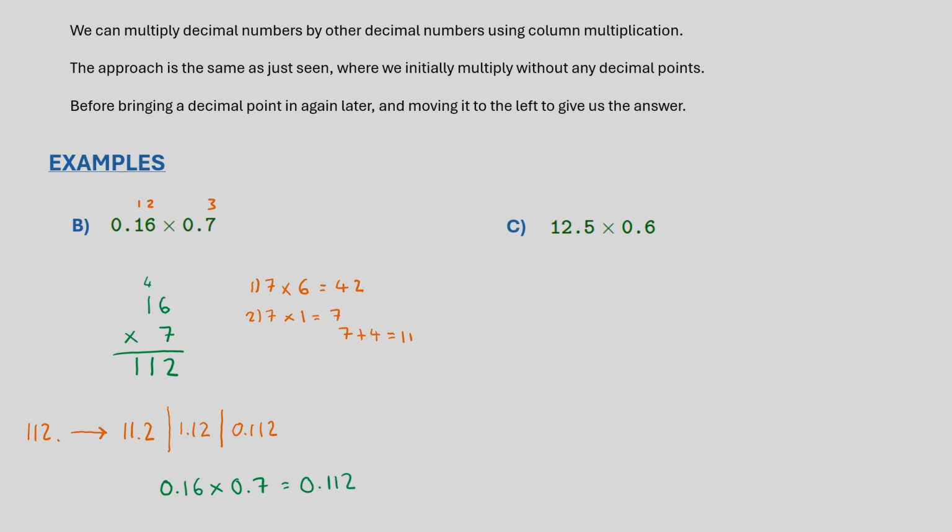We can now look at example C, which is 12.5 multiplied by 0.6. This can be dealt with in exactly the same way as example B, using column multiplication.